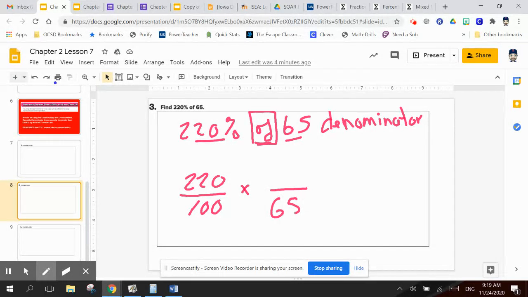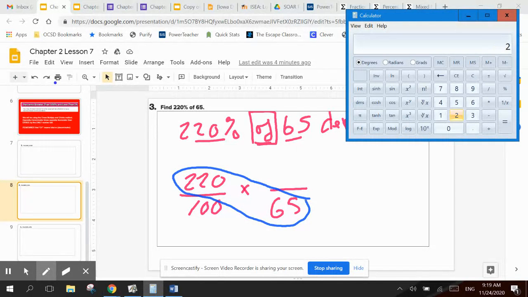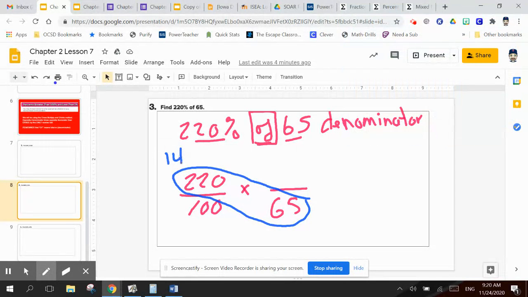So to find it, I take 65 times 220, opposite denominator times opposite numerator, 220 times 65 is 14,300.